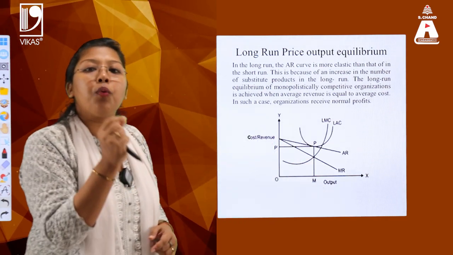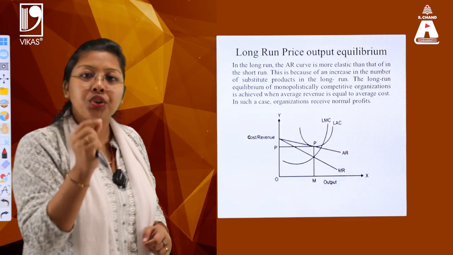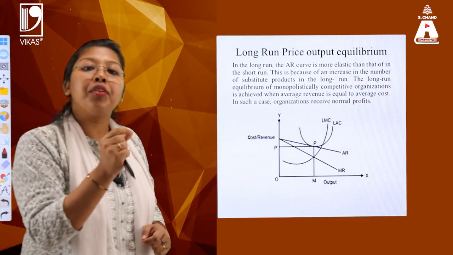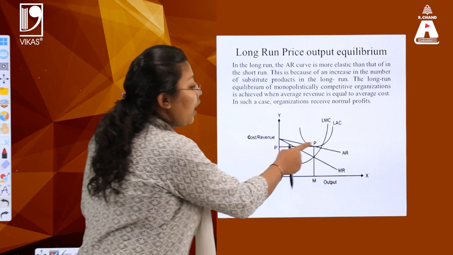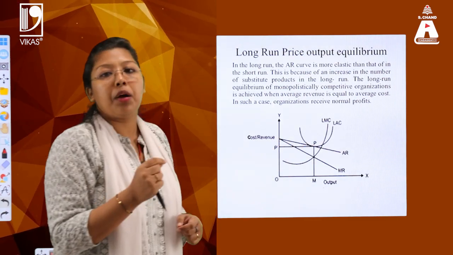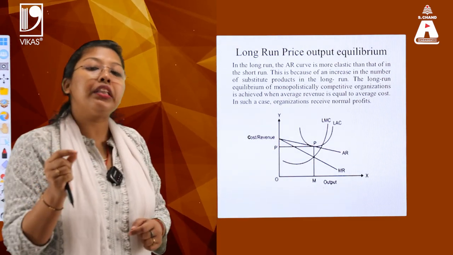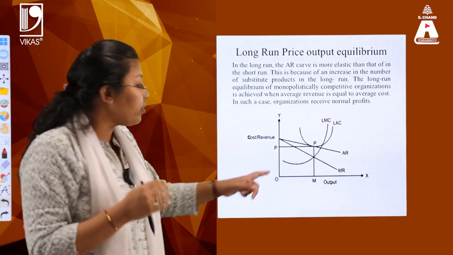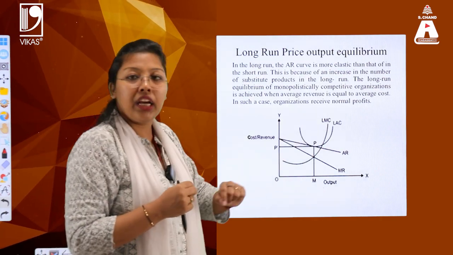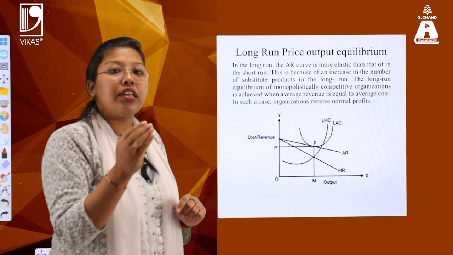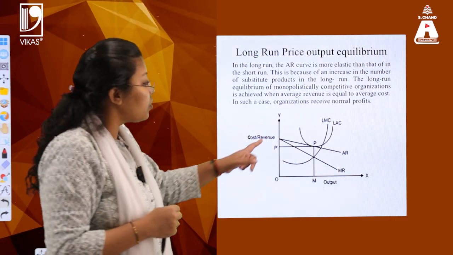You are figuring out where your long run average cost and long run average revenue are intersecting or meeting. Conditions will remain the same. Automatically your cost will cut MR and AR as it is, since it is happening in all the market structures.